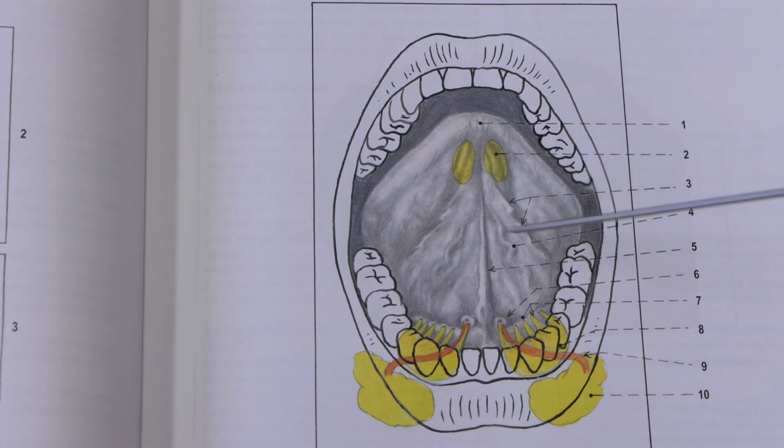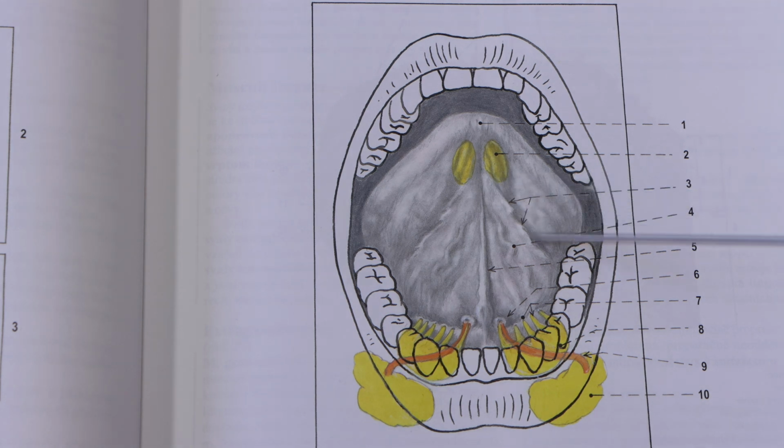Then you can see some folds called the fimbriate fold or plica fimbriata. Those are embryological remnants of the sublingual mucosa that you can see in human beings as a fold called the fimbriate fold.